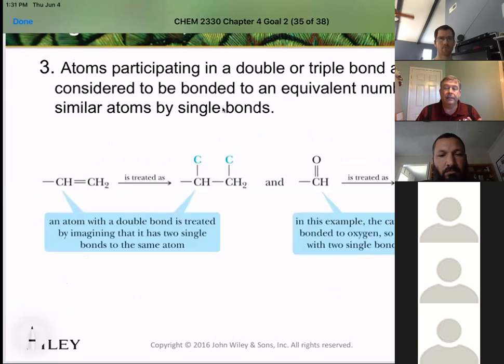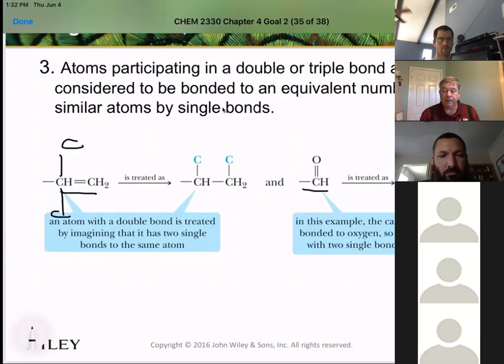Rule number 3 is if you have a double bond, you have to think of it as, okay, one of the double bonds is to one of those atoms, and the other double bond is to another one of those same atoms. So in the case of ethylene, this carbon is bonded to a carbon and then bonded to a carbon. So that's what counts as it being bonded to 2 carbons.